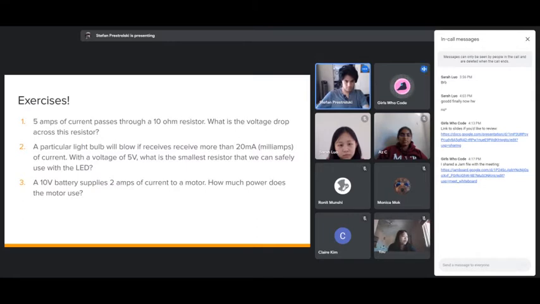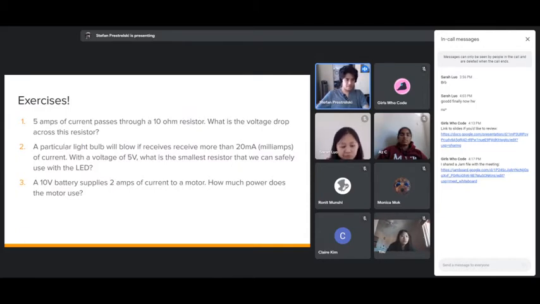Stefan, do you maybe want to walk through the first one? Yeah, give me 1 second. All right, so I can walk through the first one if people have trouble with it. This is pretty easy. We have one of the equations from earlier, V equals IR, which is simply I equals V over R rewritten.